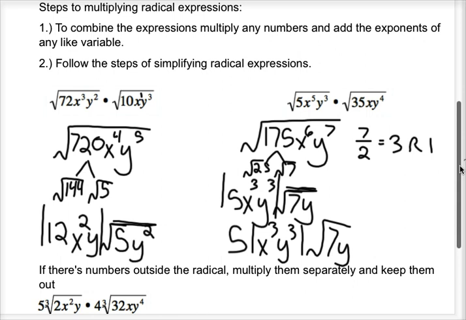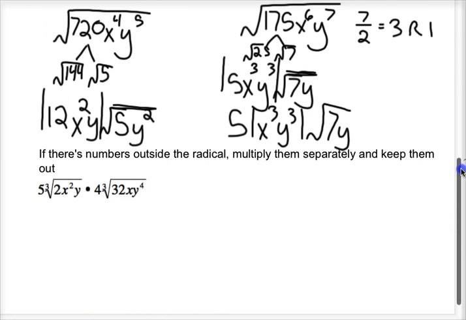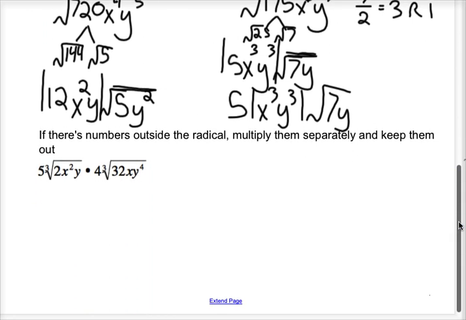All right, so let's do our last example before wrapping up. Now, what I want you to get from this last example is that when you have numbers outside the radical, multiply them separately and then keep them outside. So we're going to multiply the outsides and keep it outside, and then multiply the insides.